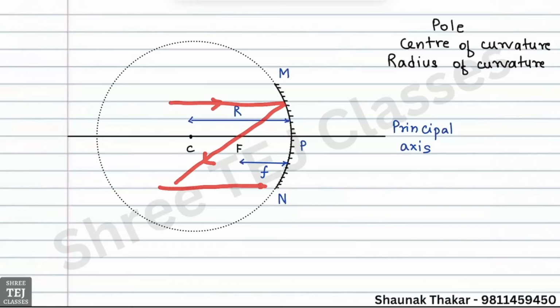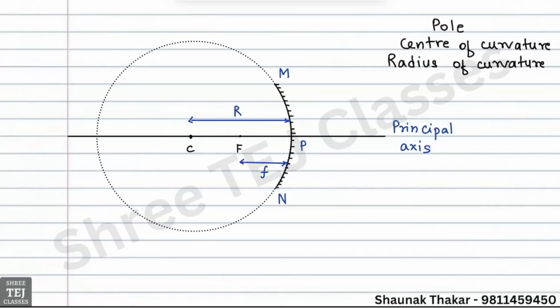Another ray passes through the same point. Such a point, through which all the rays parallel to the principal axis pass after reflection, is known as the principal focus, denoted by the letter F. In a concave mirror, the rays actually pass through this point. But in a convex mirror, the rays appear to emerge from this point. We will study that in detail shortly.